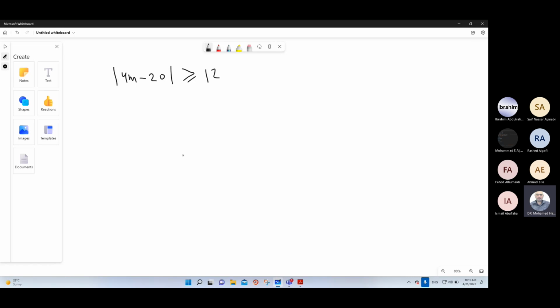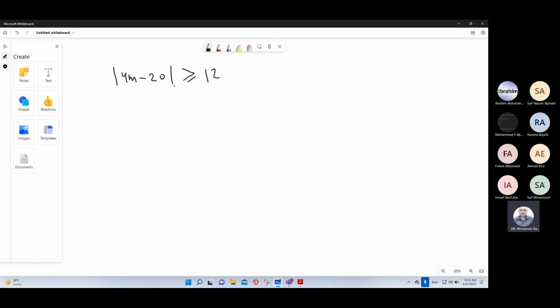So to solve this inequality, when you see absolute value, discuss two cases. The first case, if the value inside the absolute value is non-negative, we write the same value, 4m minus 20 greater than or equal to 12.